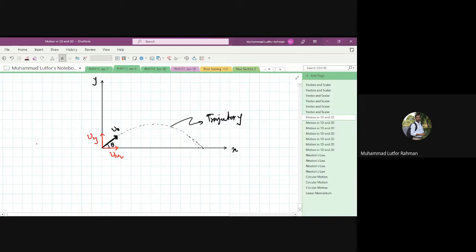And we can find that v naught x would be v naught cos theta, right? Because it creates an angle theta with the x-axis, and v naught y in that case would be v naught cos of (90 degrees minus theta). It will automatically give me v naught sine theta, because these axes are perpendicular to each other. So that's why I write down v naught sine theta.